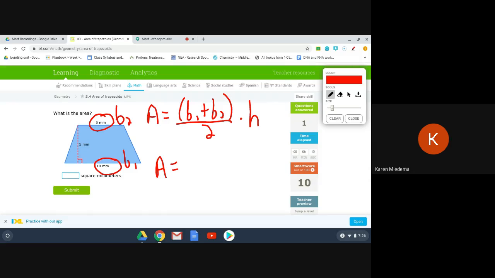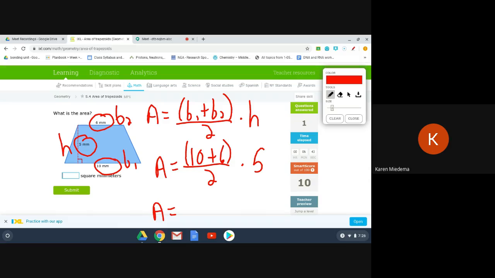So when I make my substitutions, 10 plus 6 goes in the numerator. And the height is the distance up and down, which is right here. It's 5. So my height is 5. Now, once I have all numbers, I could just use my calculator. But again, I'm going to show you the intermediate steps.